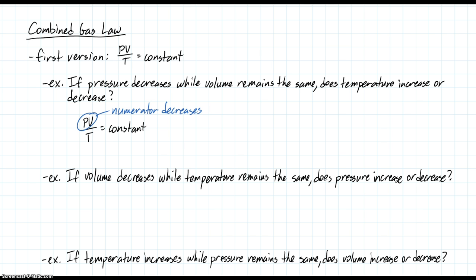That means that the temperature in the denominator must also decrease to keep that ratio of PV to T constant. And so since the denominator must also decrease here, that means that the temperature decreases.